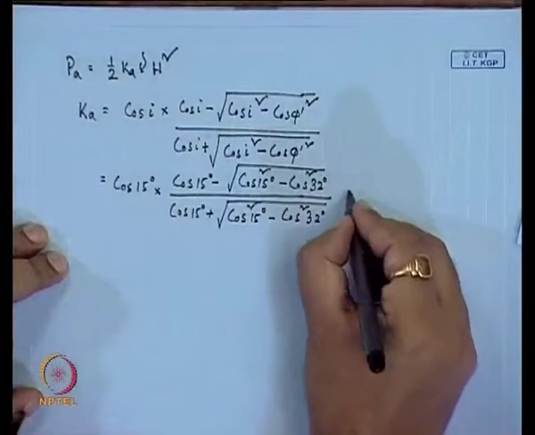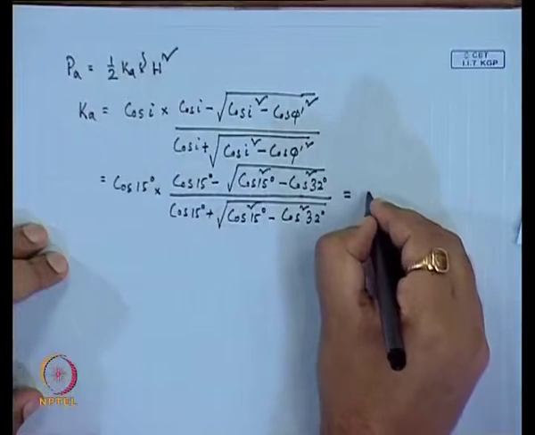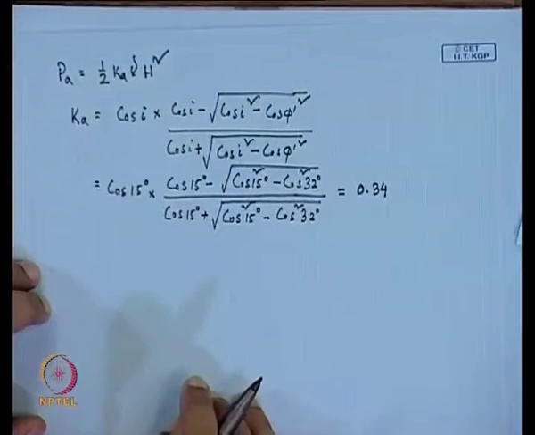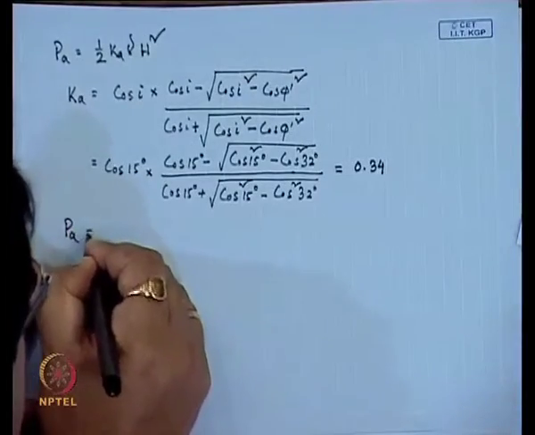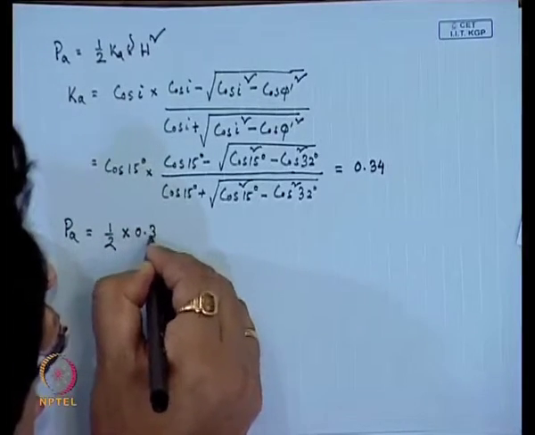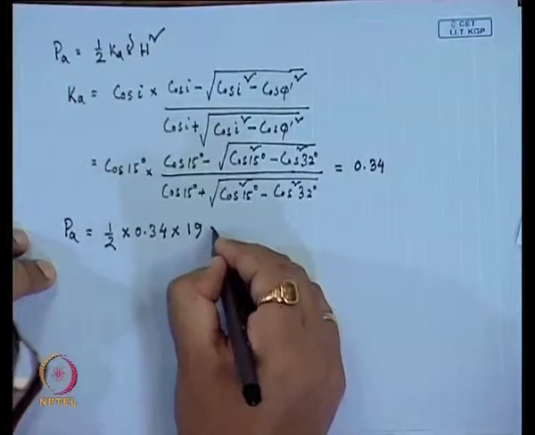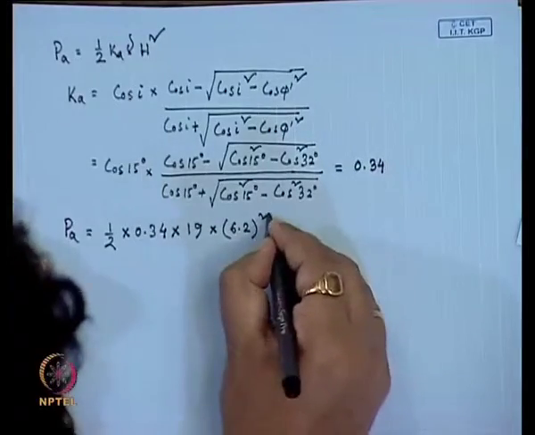If I solve this, this K A value is coming 0.34. So, the P A value is equal to half into 0.34 into gamma 19 into H 6.2 square.